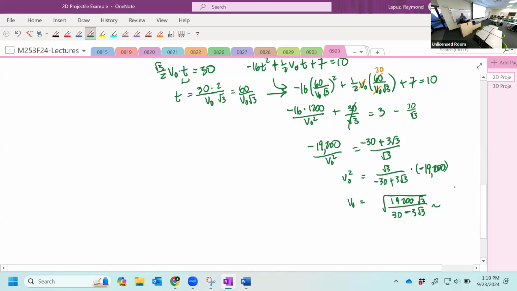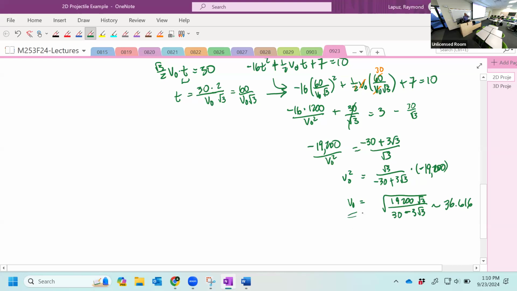All right. Fun with algebra. Anybody got a value for this? 36.616. So this is the velocity.